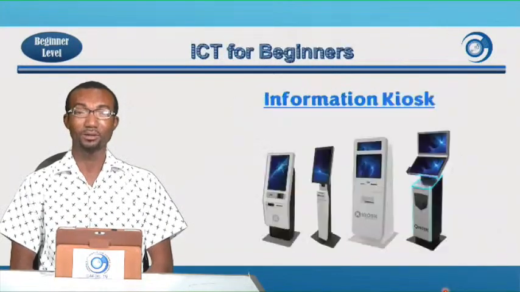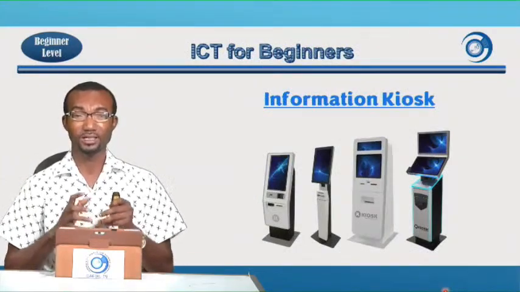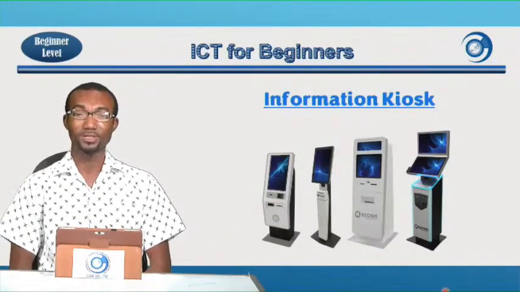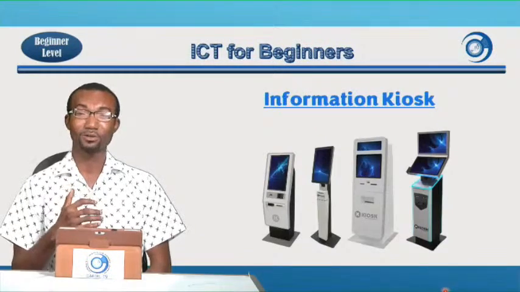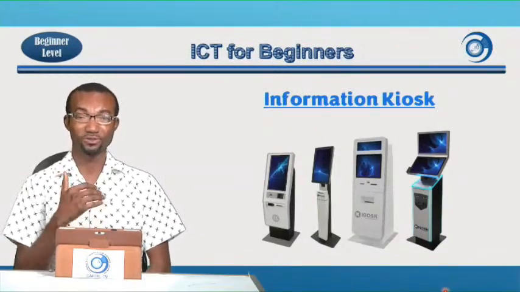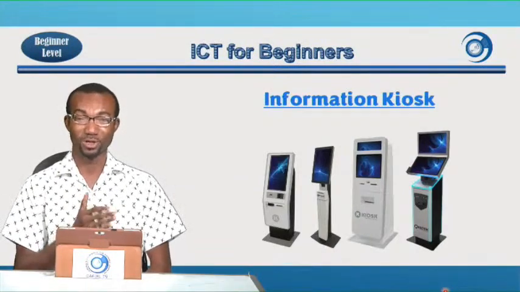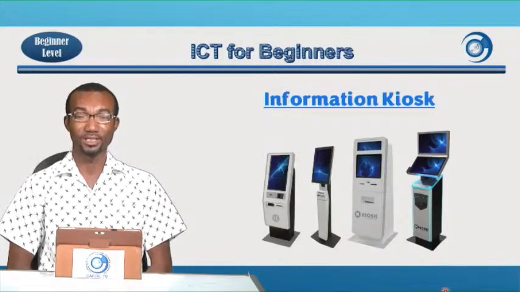Good. Now let's look at another form of stationary computer. As we said, stationary computers are computers that cannot be moved from one place to another, because movement of these machines becomes inconvenient.